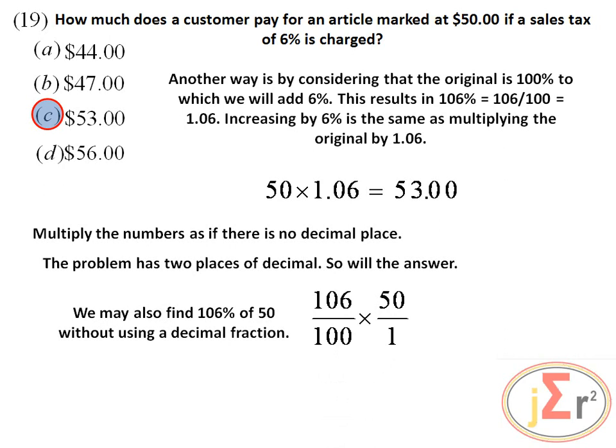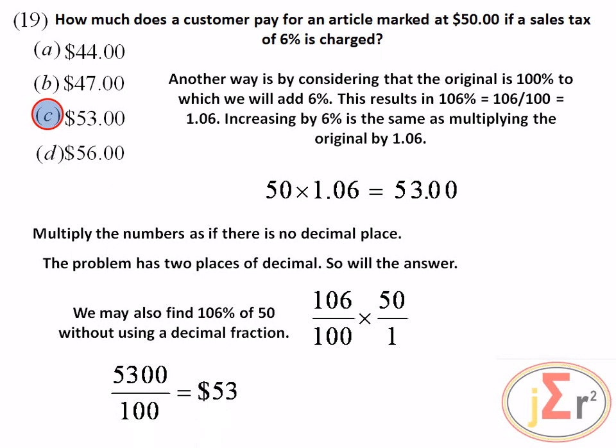We have 106%, which is 106 over 100, and that we are multiplying by 50, or 50 over 1, and we have 5,300 over 100. Reducing by a common factor of 100, we get 53 as before.